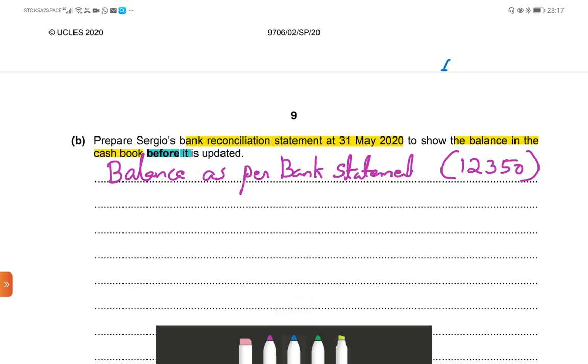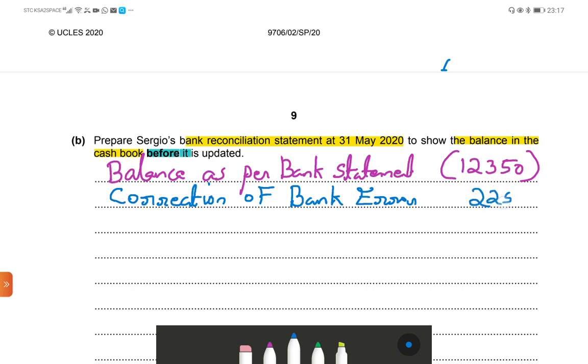Correction of bank error, amount 225. The amount is 12,125, a negative amount.